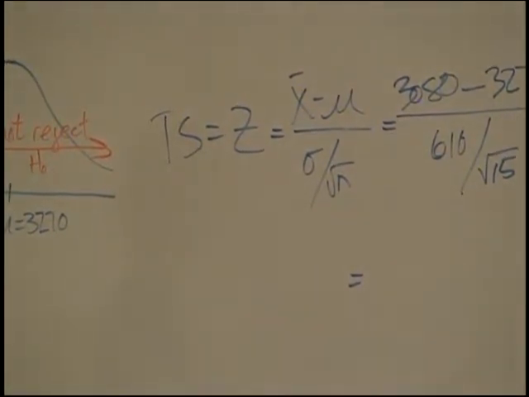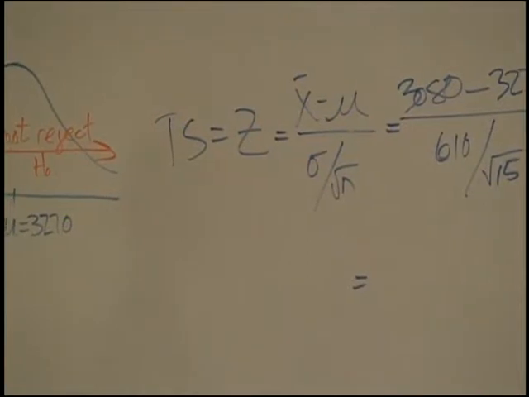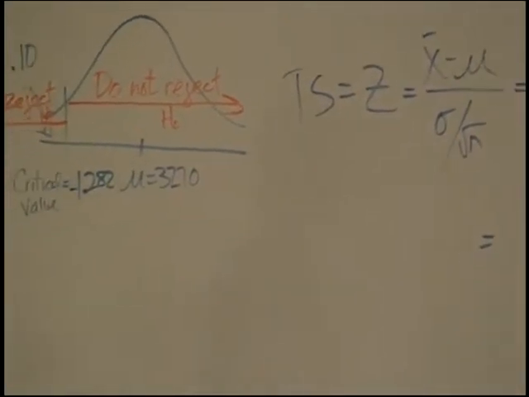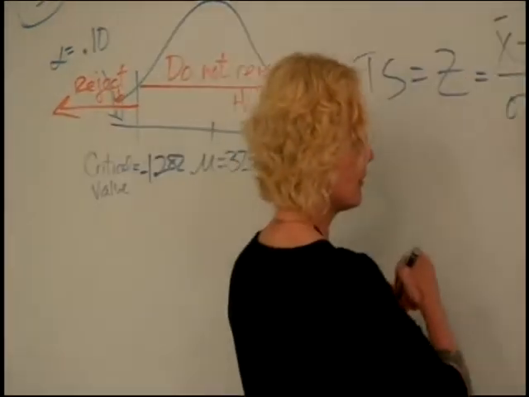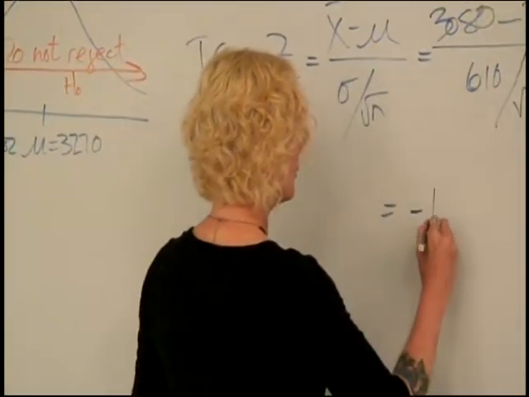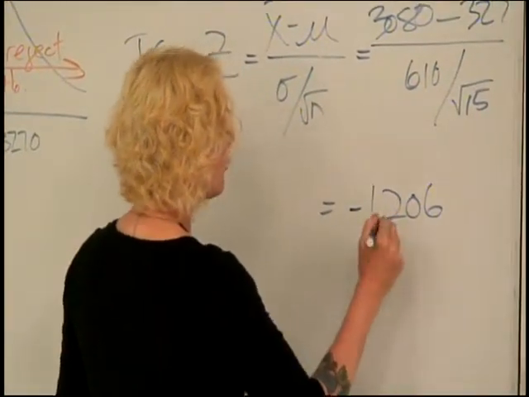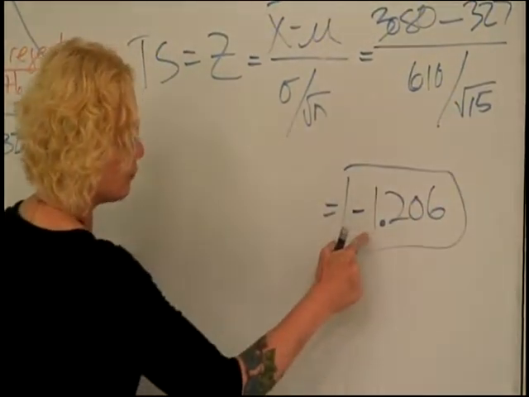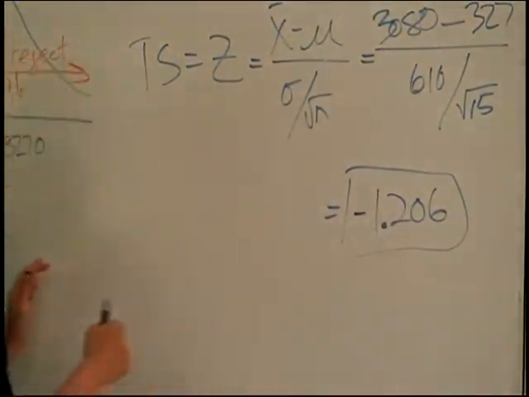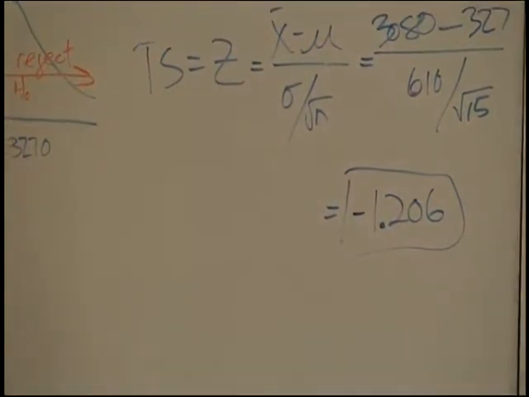Anybody have that? What'd you get, Kevin? Negative 1.206. Anyone agree? Yes. Good. So our sample mean is 1.206 standard deviations below the hypothesized mean.